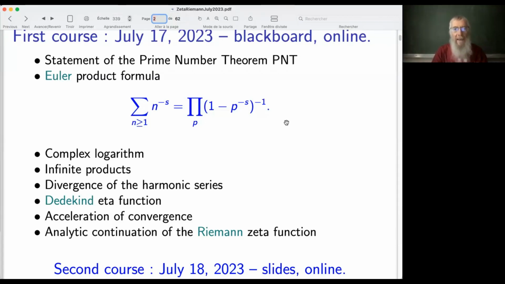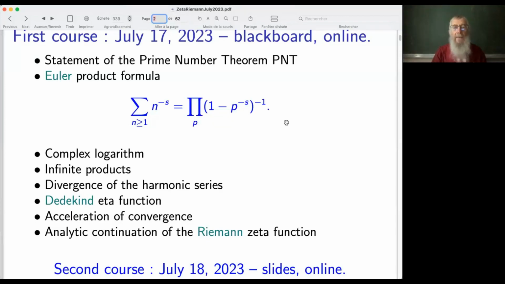I explained that one important tool in the study of prime numbers is Euler zeta function, which can be defined as the sum for n greater than or equal to 1 of n to the minus s, when s is a real number greater than 1, or a complex number with the real part which is greater than 1.